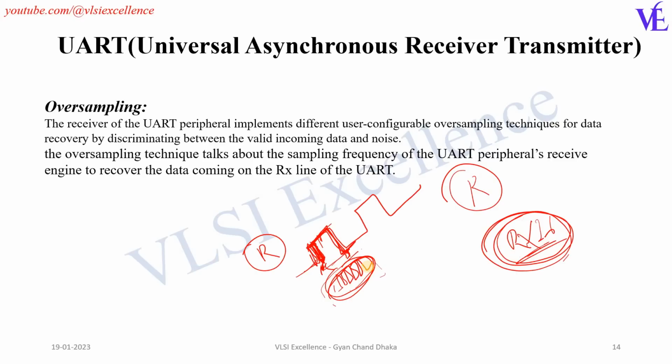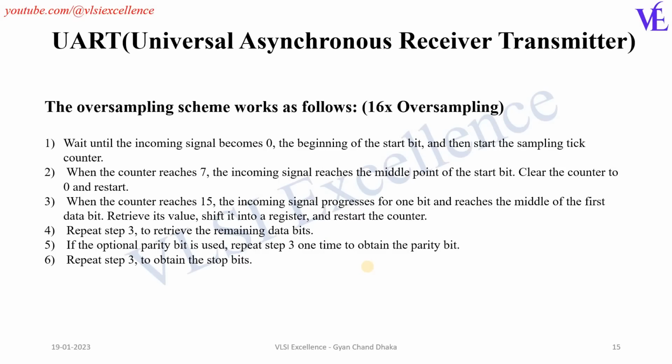So the UART receiver can oversample the data, and it can determine what is the data value, or more specifically, the bit value. The oversampling scheme works as follows. Here I have taken one example of 16 times oversampling. This concept is associated with the UART receiver. The UART receiver will wait until the incoming signal becomes 0.